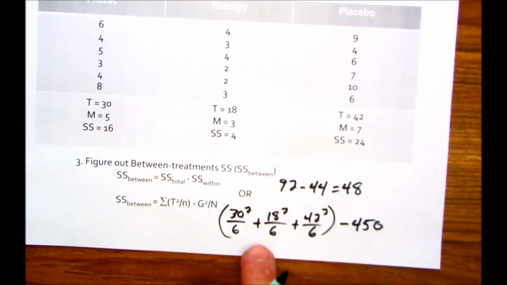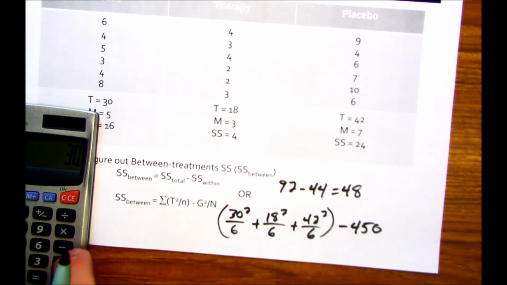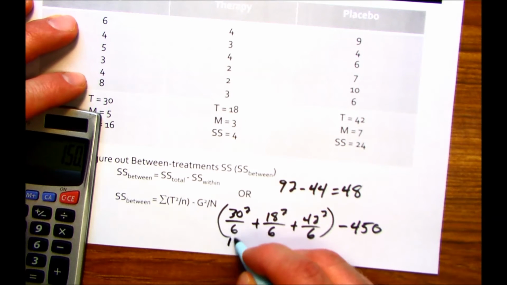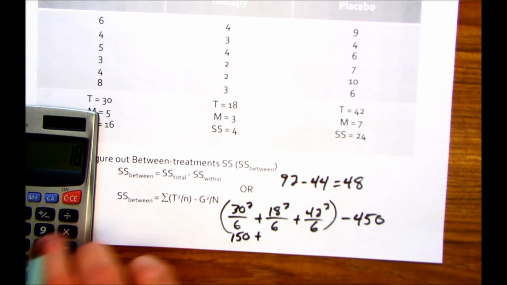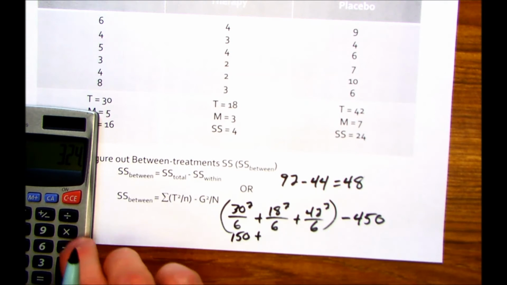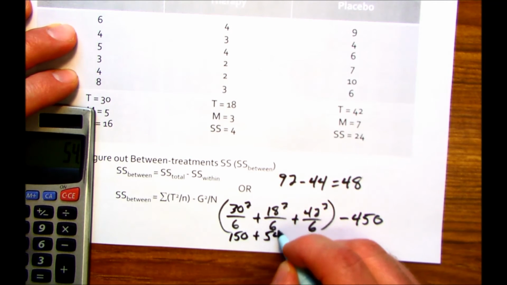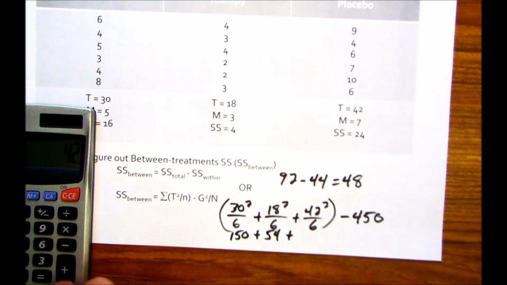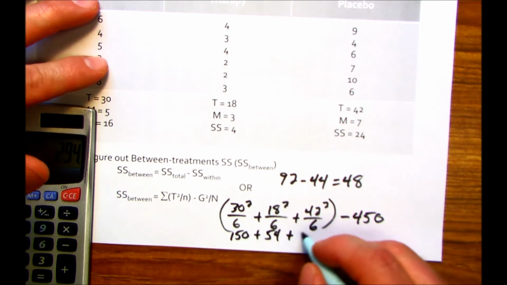Okay, so for this first one up here, 30 squared divided by 6 gives us 150, plus 18 squared divided by 6 gives us 54, plus 42 squared divided by 6 gives us 294.